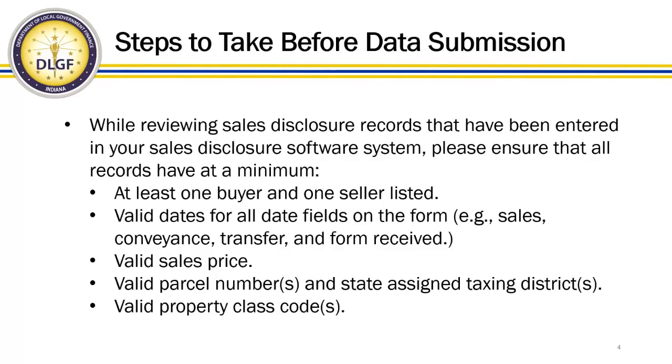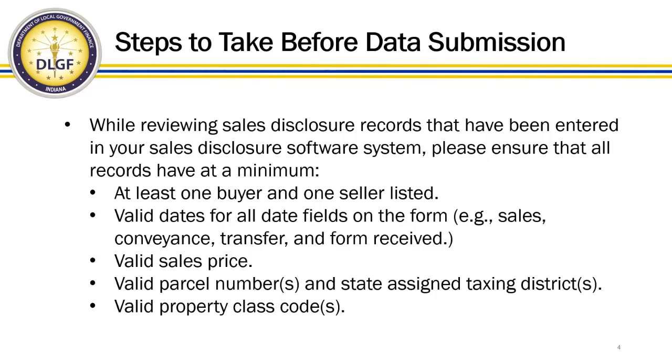So before you actually submit your sales disclosure data to the department, we have a few things that we ask you to keep in mind while doing your review of the data and while you're typing it into your local software system. We ask that all sales disclosure records that you enter into your local software system have at least, at the minimum, one buyer and one seller listed for each sale, and that all the dates are valid for the date fields on the form.